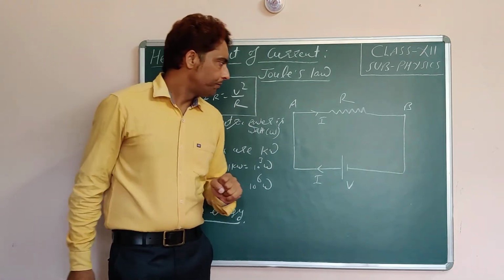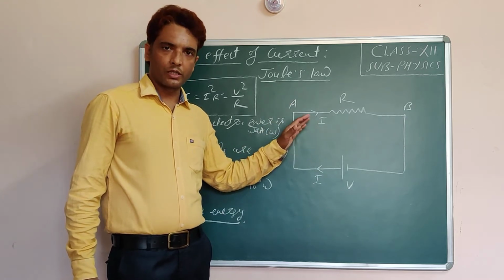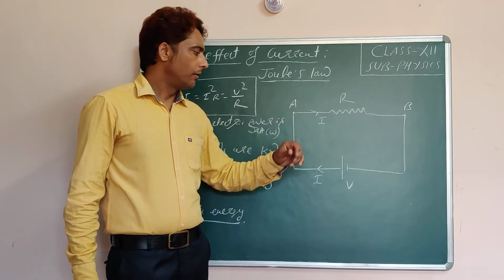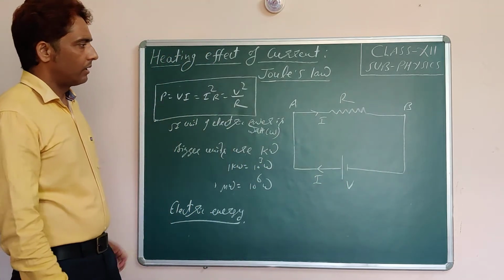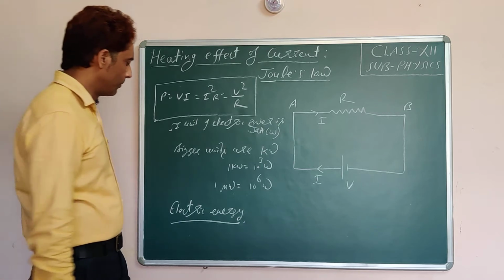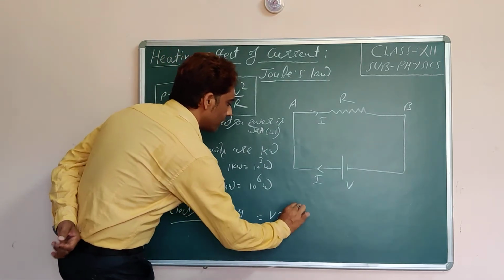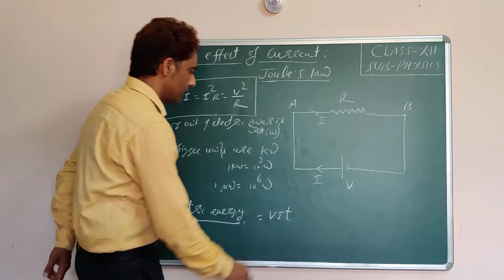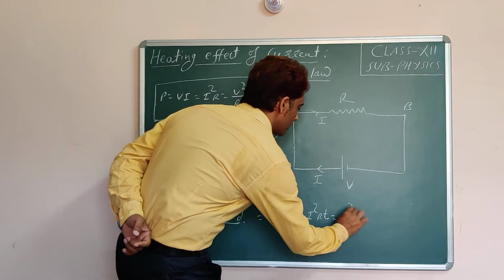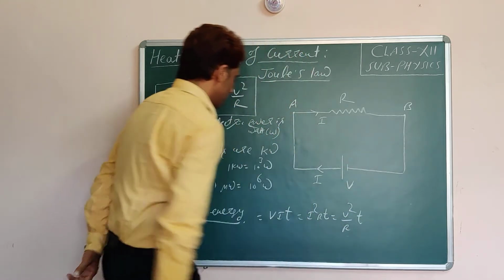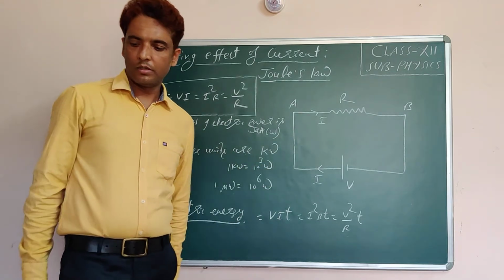For example, if I be the current flowing through a conductor for time t, when potential difference applied is V, then the electric energy consumed we can write as VIt, and also other formulas are I square Rt and V square by R t. So these are the formulas for electric energy consumed.